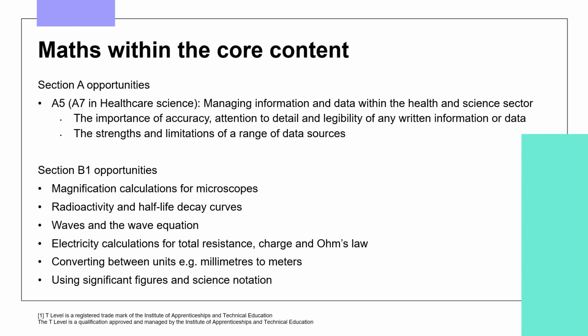For the health and healthcare science T-levels, there are physiological measurements, such as blood pressure, pulse measurements, respiratory rates, heart rate, temperature, weight, etc. And epidemiology and identifying trends and patterns, the progression of diseases, etc. The science T-level, B2 content, includes relative molecular mass calculations, moles and concentrations, reaction rates and Maxwell-Boltzmann distributions, RF value calculations in chromatography, gas law calculations, etc.